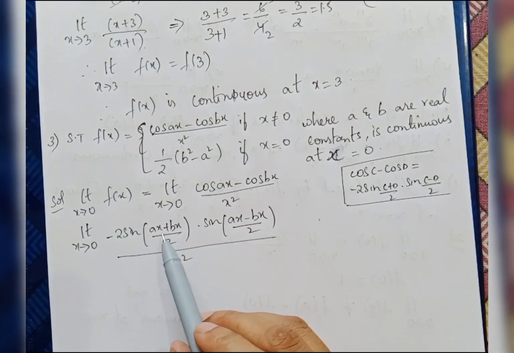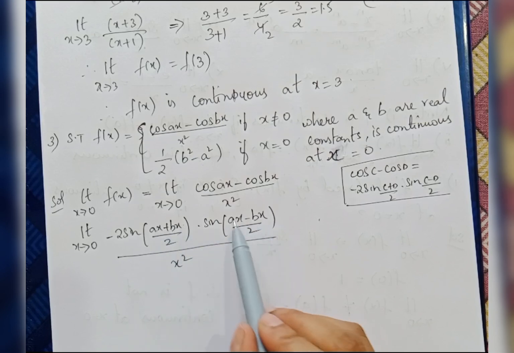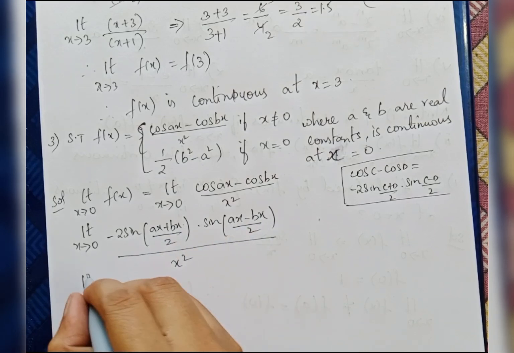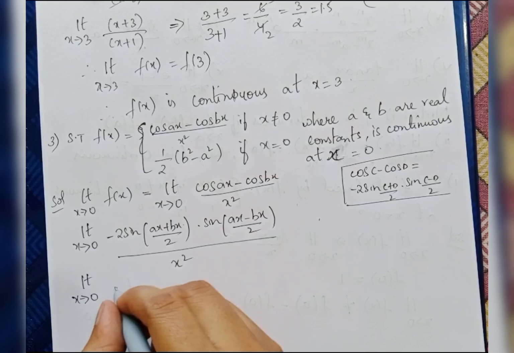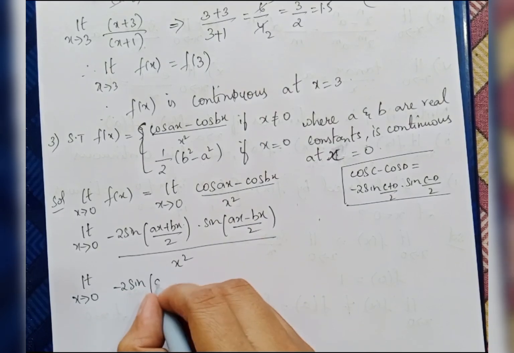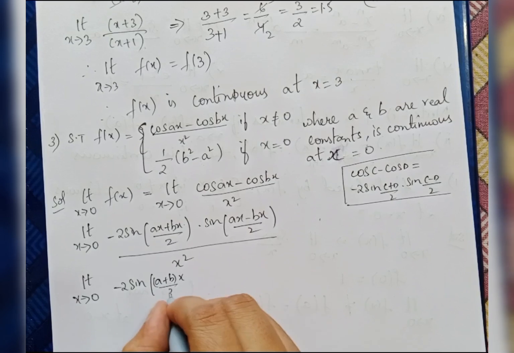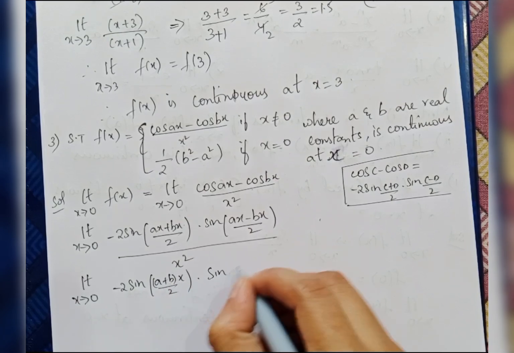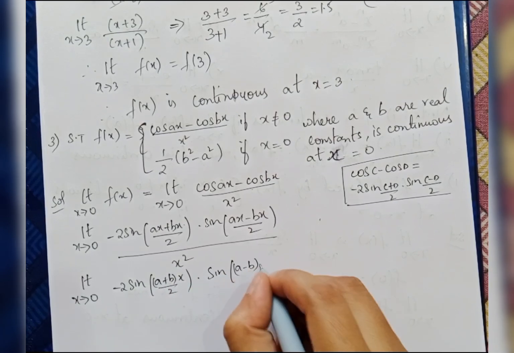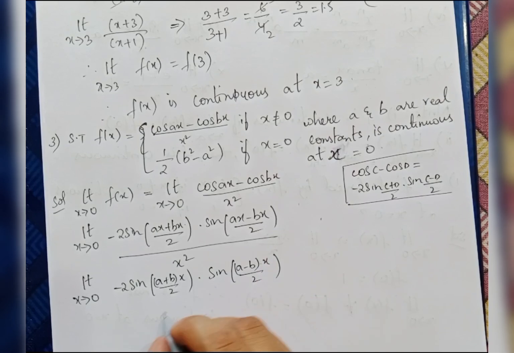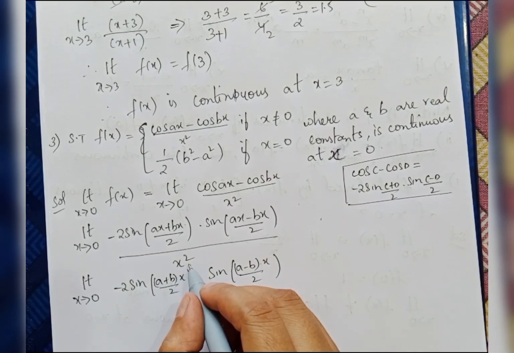Now taking x common in the numerator in both the sine functions, it will be limit x tends to 0, minus 2 sine a plus b into x by 2 into sine a minus b into x by 2. I can write here, they are two x, right?